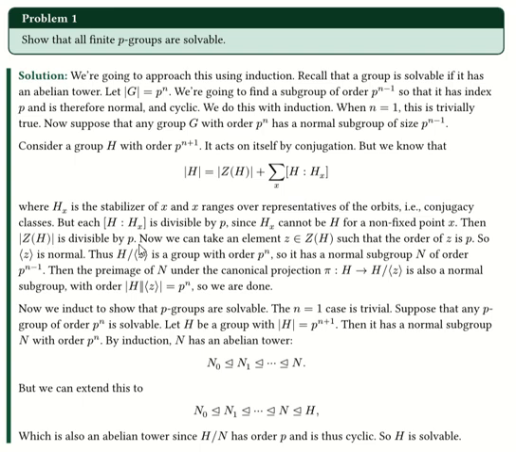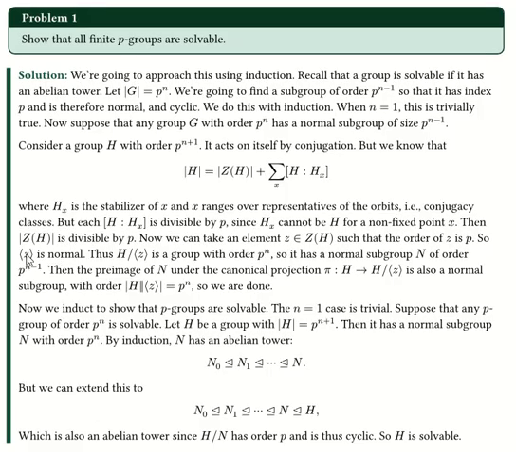So now, the subgroup generated by z is normal in H because z was in the center. Then if we look at the size of our quotient group, it's going to be p^(n-1) because it's the size of H over the order of z.